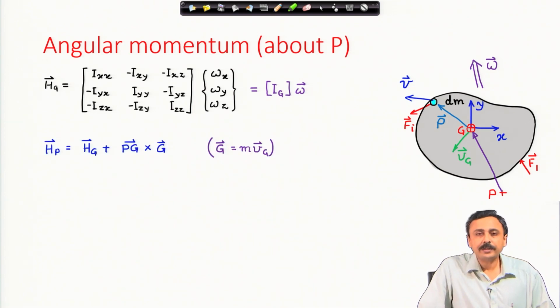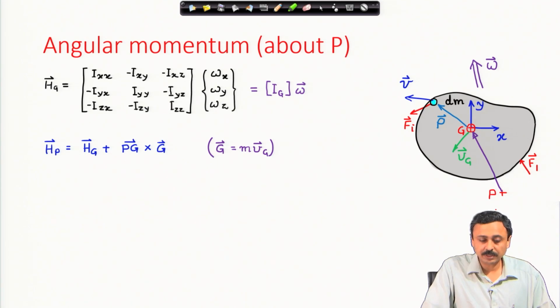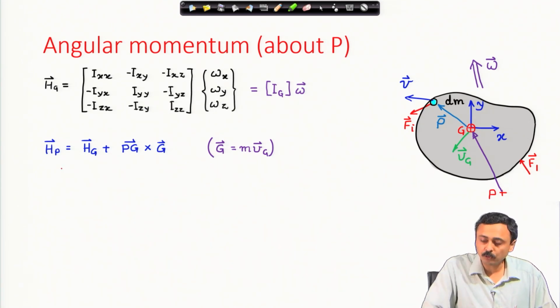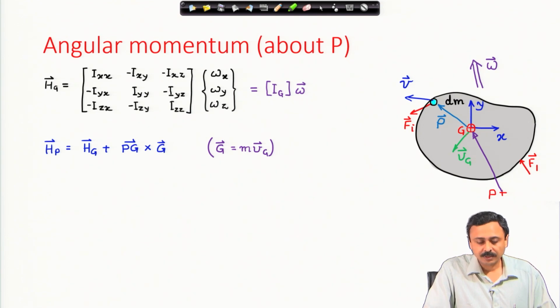If you consider an arbitrary point P, you can calculate the angular momentum about P by adding to the angular momentum about G the angular momentum because of the motion of G. This also we have discussed many times before.